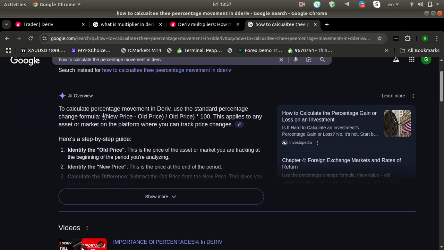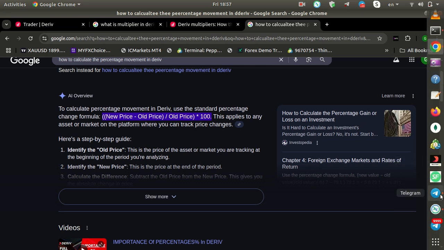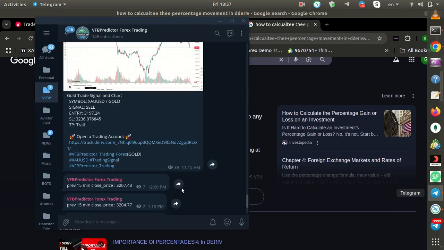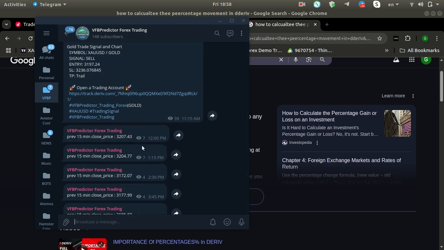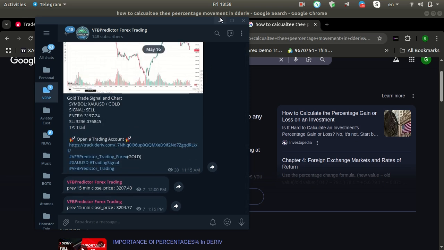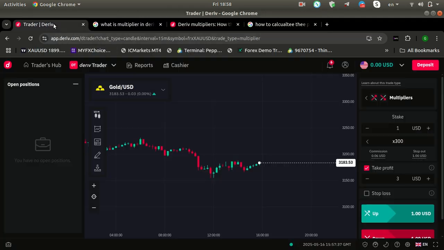So this is the formula that you use to calculate it, which you can just key in your calculator and find it out. But maybe if you would like, perhaps I can add the calculations in these signals, so you don't have to calculate it yourself.